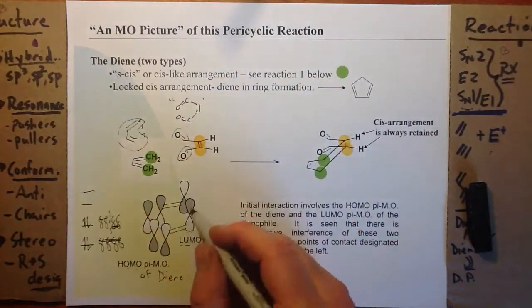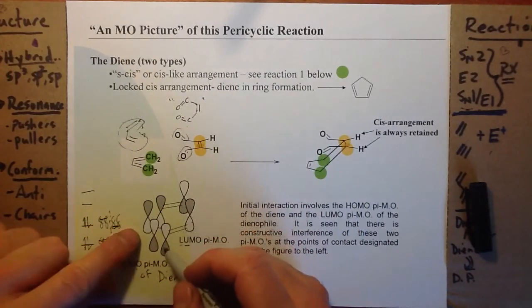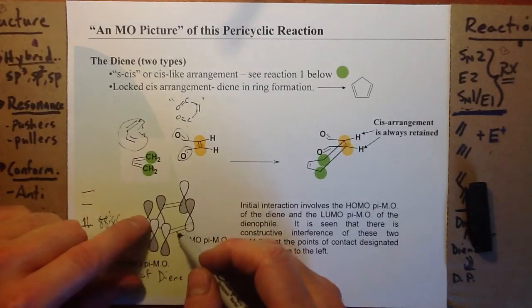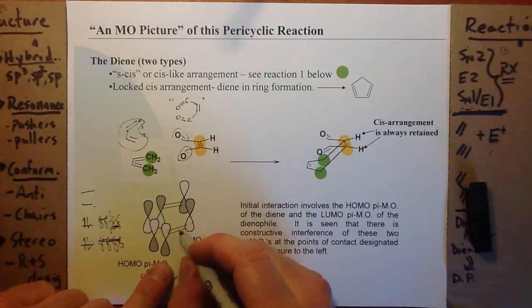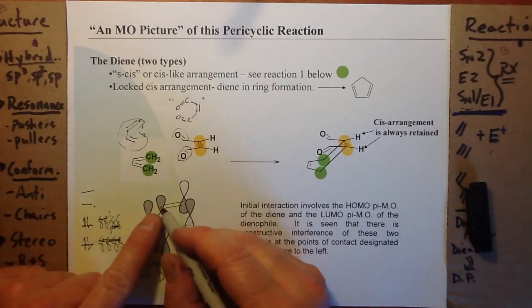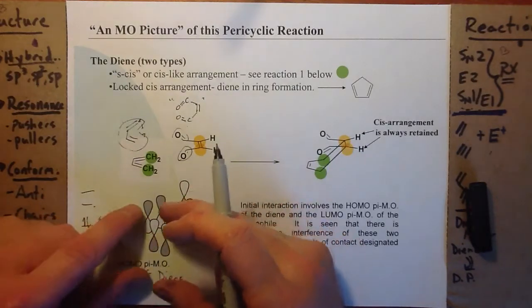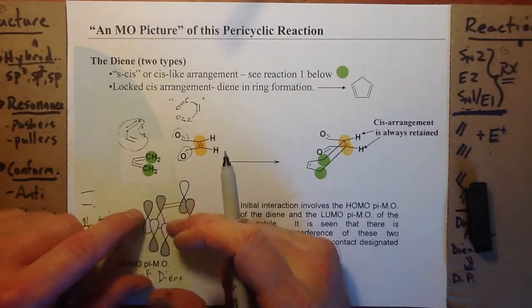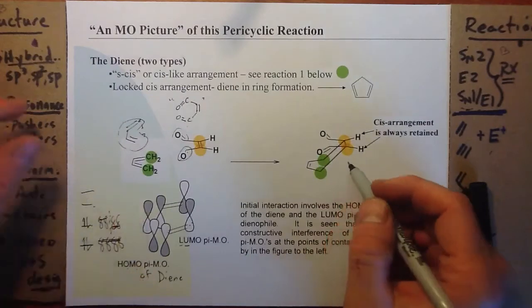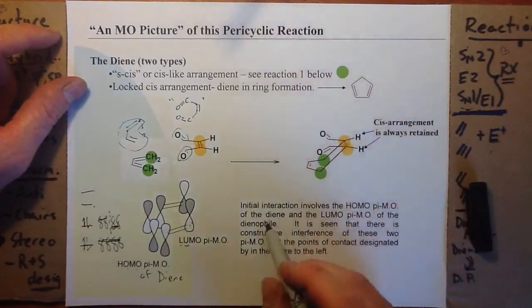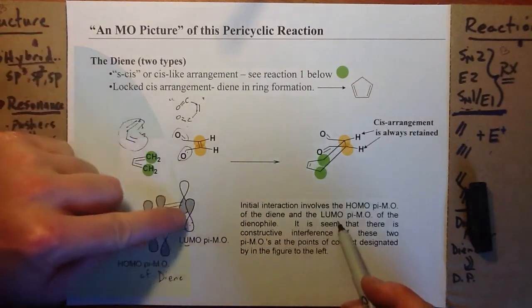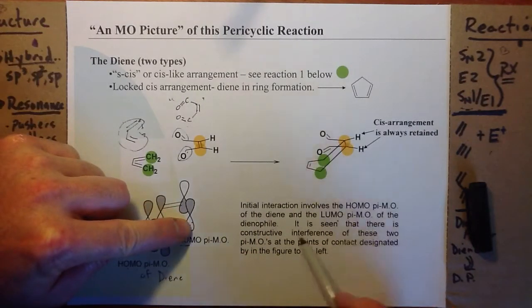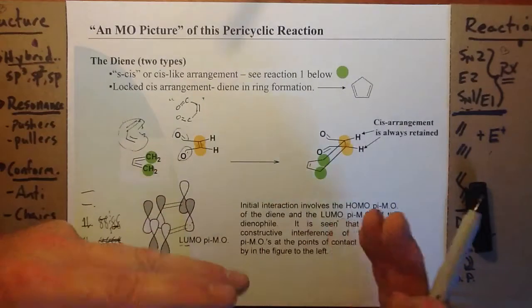So we have some idea now, I hope, of why this reaction occurs. It's happening as the orbital overlap between the HOMO, this is white on white, and gray on gray, that's constructive. That's helping to pull this structure together to make a Diels-Alder product. So initial interaction involves the HOMO of the diene and the LUMO of the dienophile, and that's really just the start of it.